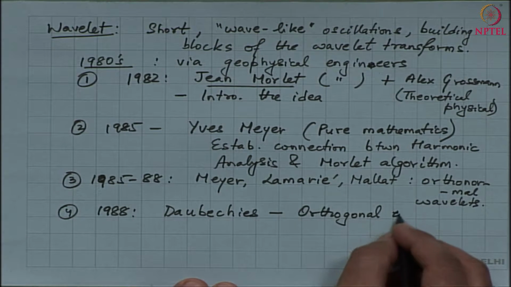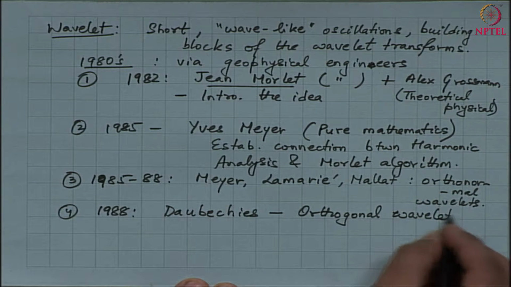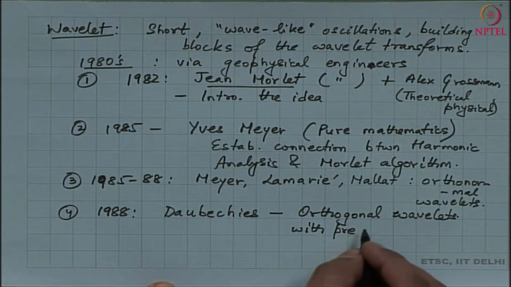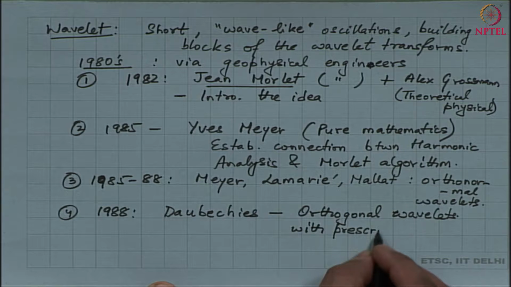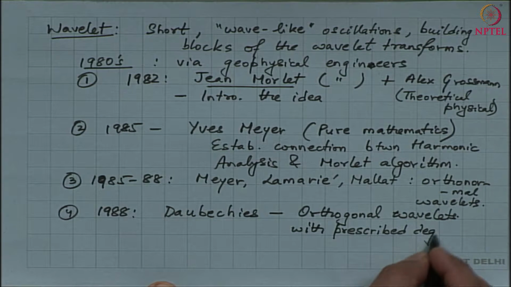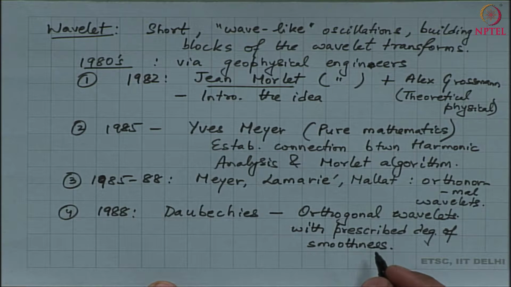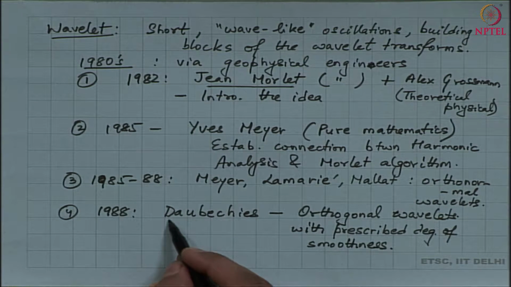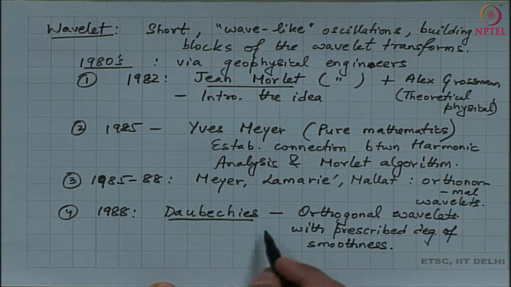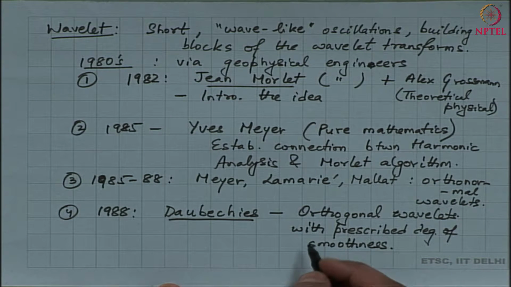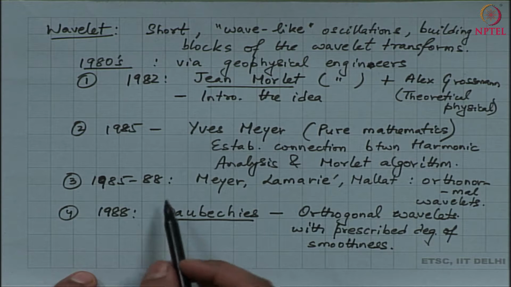These were special orthogonal wavelets with a prescribed degree of smoothness. Later on, in my second lecture, I will highlight some of the wavelets developed by Daubechies, namely the orthonormal wavelets of the second and the fourth kind. These were some of the major milestones.